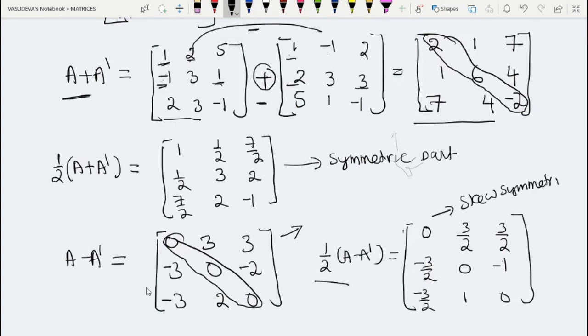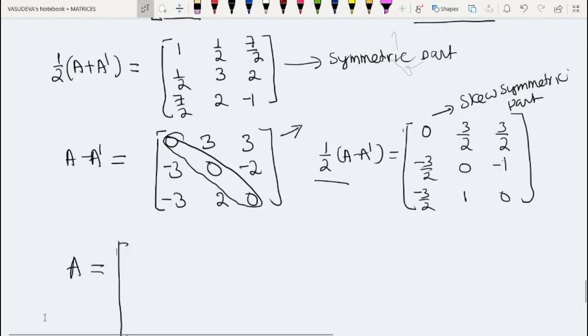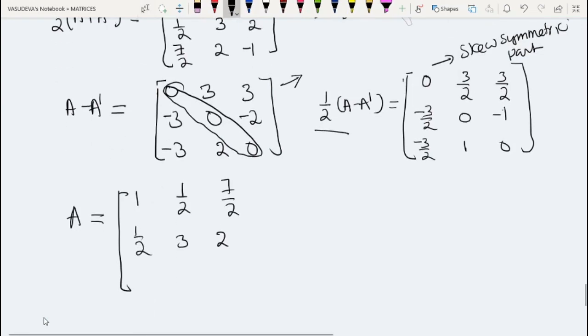So we can write the square matrix A as half of A plus A dash, which is 1, 1 by 2, 7 by 2, 1 by 2, 3, 2, and 7 by 2, 2, minus 1.